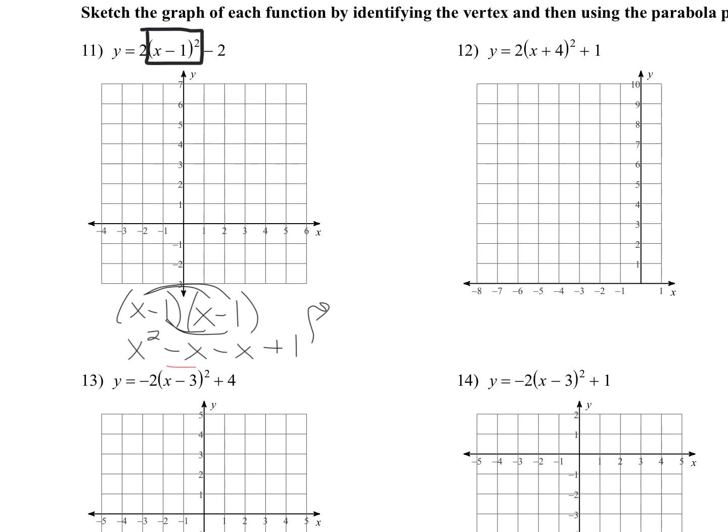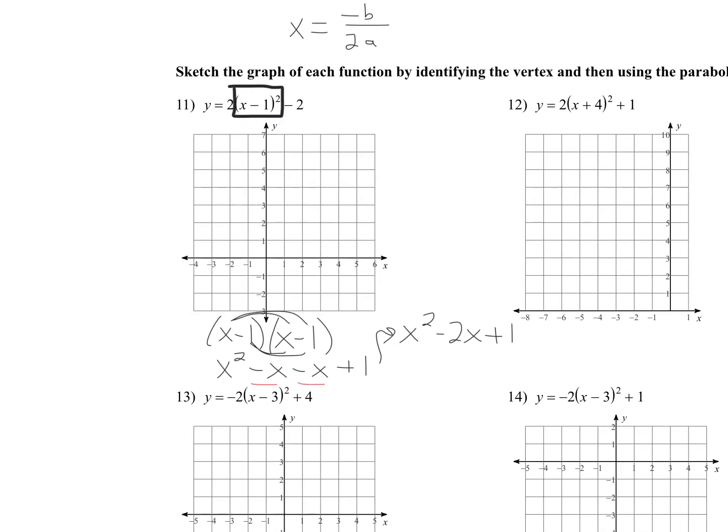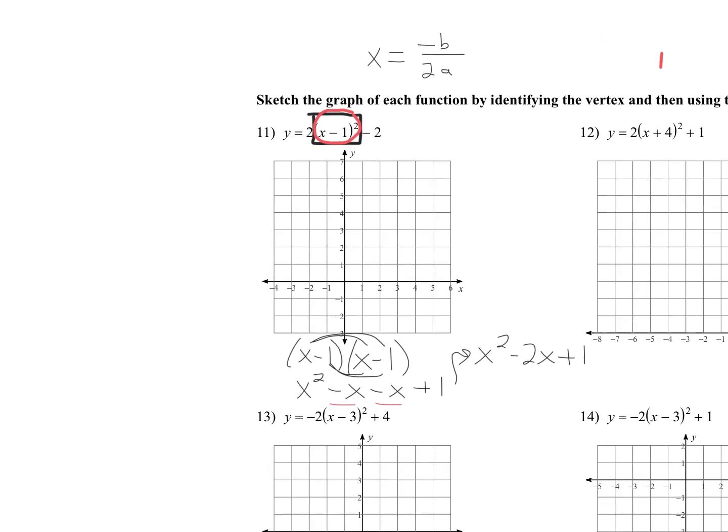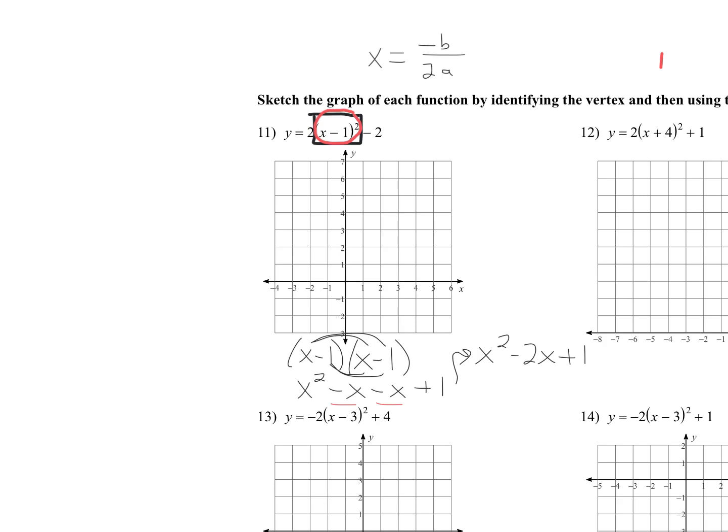Combine like terms, negative x minus x, negative 2x, plus 1. Now understand that just replaced what I had circled originally up there. So is that our final answer there? No. Okay, so I'm going to take that and substitute it back in.